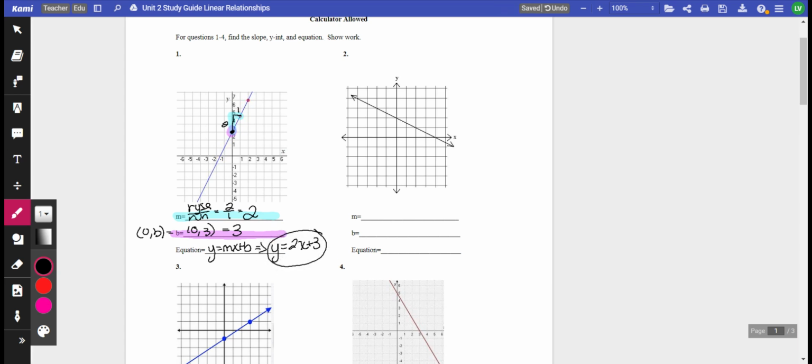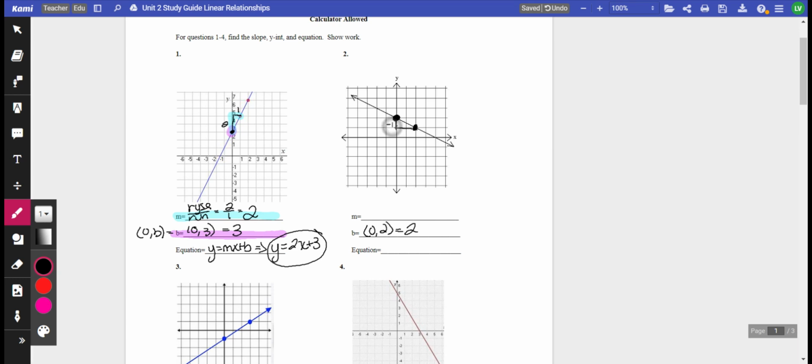All right, moving on to number 2. I'm going to start by finding my y-intercept. Well, my y-axis is right here, and this is where I have my y-intercept. So that's at 0, 2. Or in this case, just 2. Then my slope, well, my next point is located to the right here, and I'm going down 1 to the right 2.